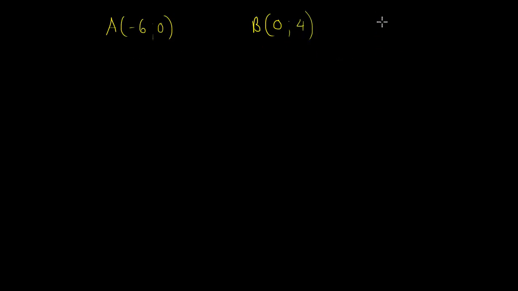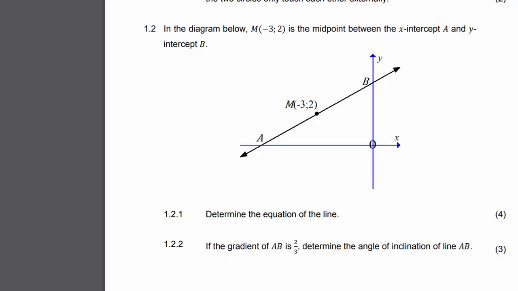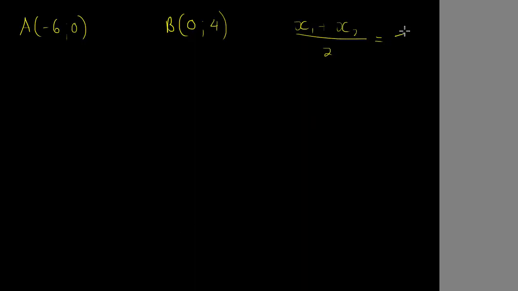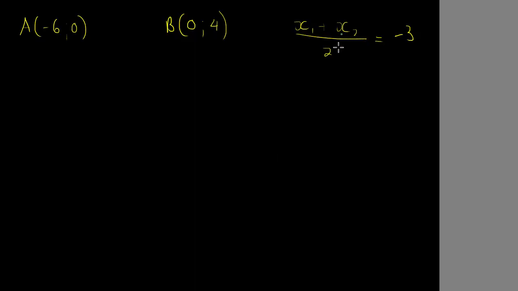And there were different ways you could have done it. You could have said x1 plus x2 over 2 is equal to, that's the x coordinate for the center, and that is equal to -3. But we know that x1, let's say that's x2, which is B, is 0.